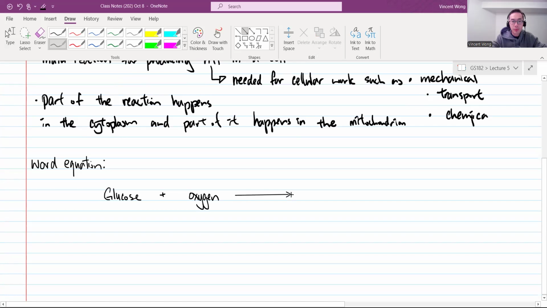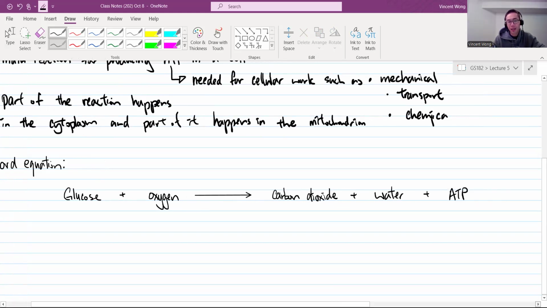And in the process, we will generate carbon dioxide plus water and energy in the form of ATP. I'm not going to ask you for the full name of ATP, but it might help to remember what it is. It's adenosine triphosphate.